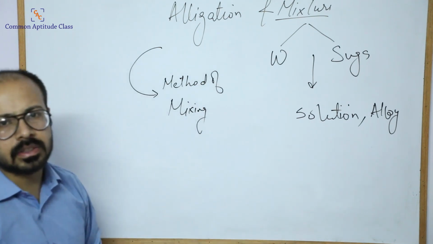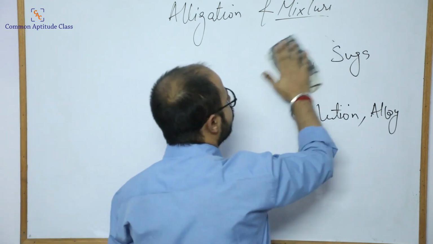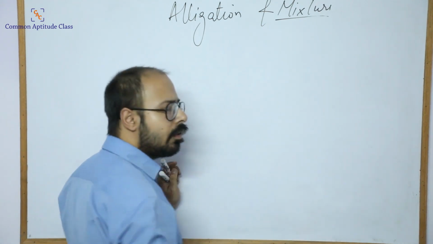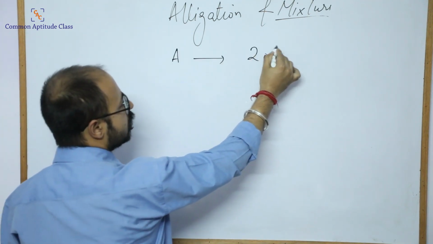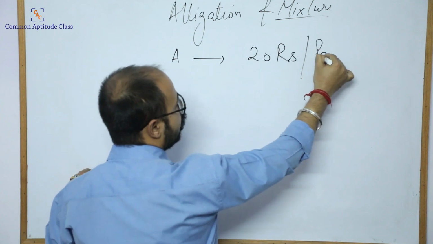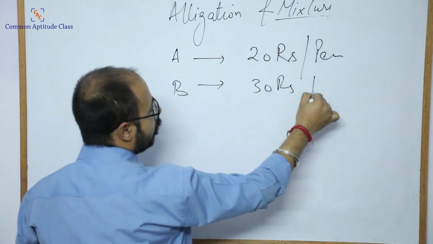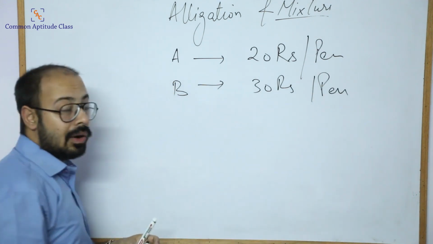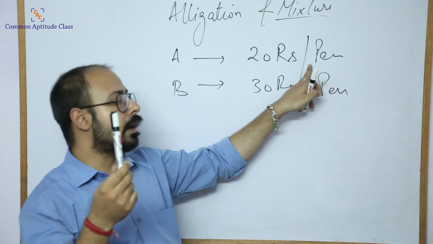For a simple example, assume that I have two kinds of pen. Pen A costs 20 rupees per pen, and pen B costs 30 rupees per pen.